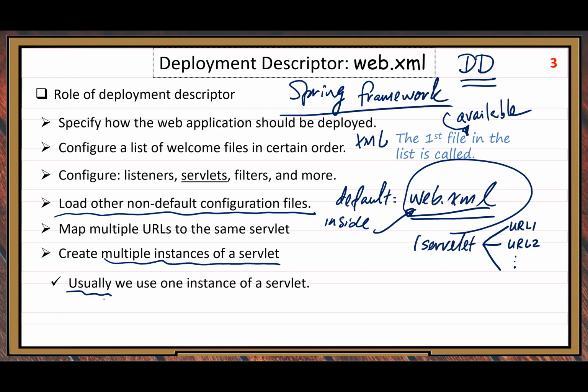If you have no good reason, you only use one instance of a servlet. All right, but here there is a situation inside a Java web application. We need to make our servlet provide services to multiple users concurrently. Think about this.